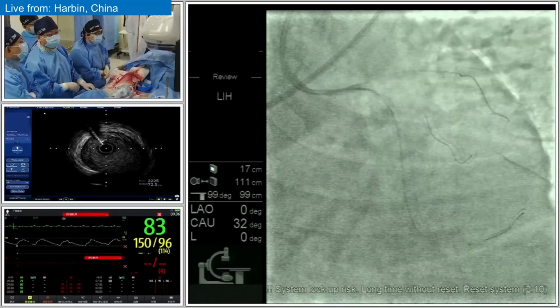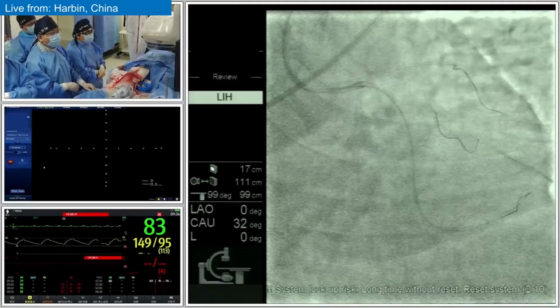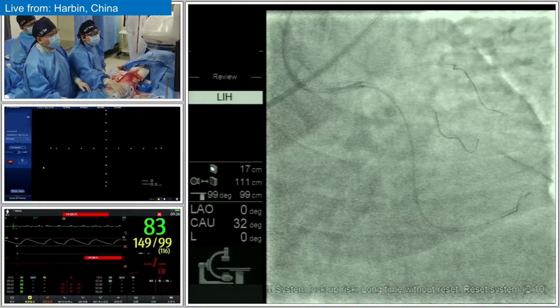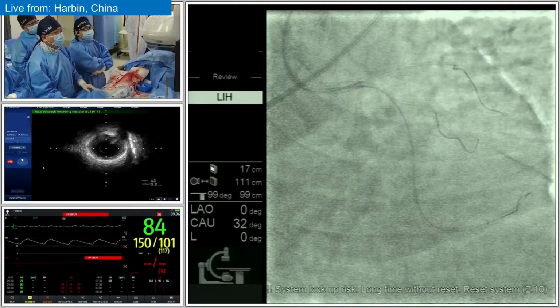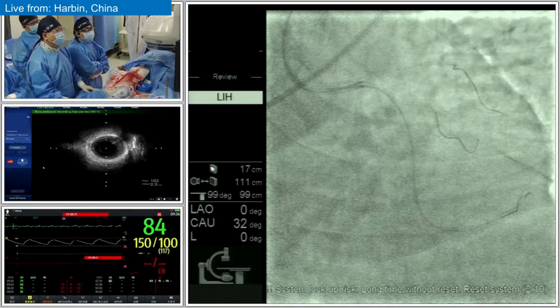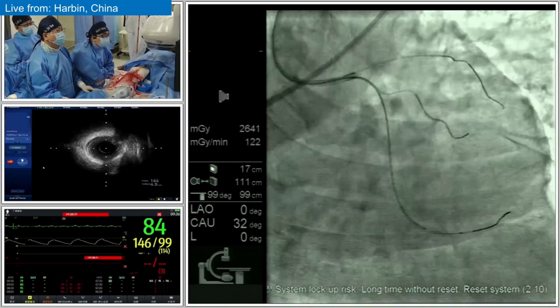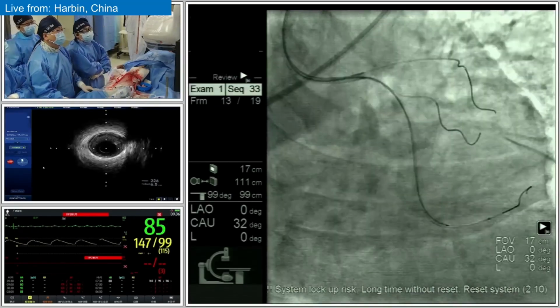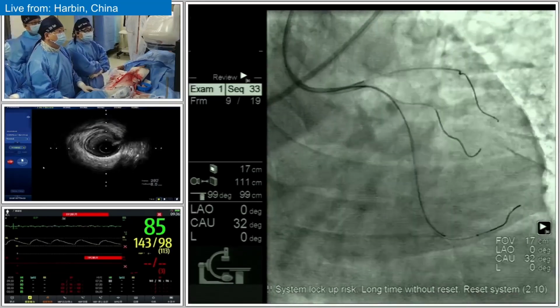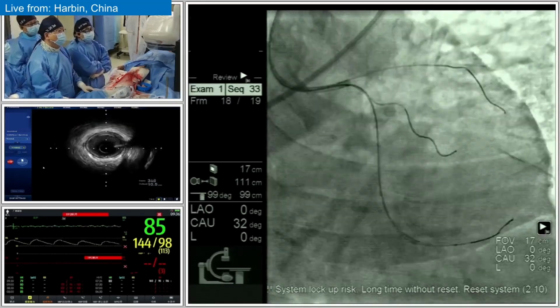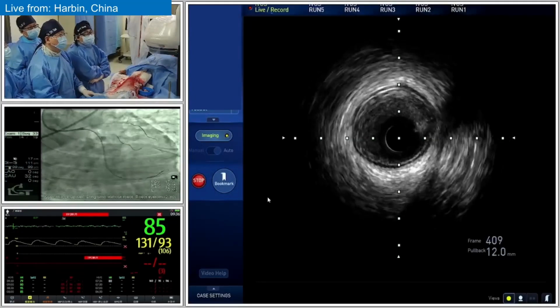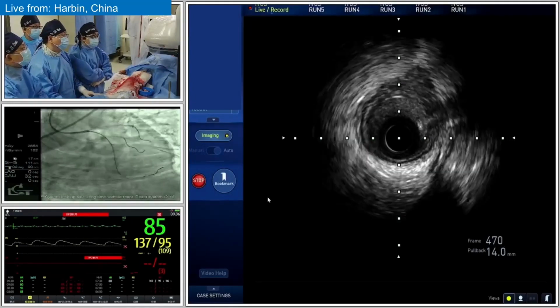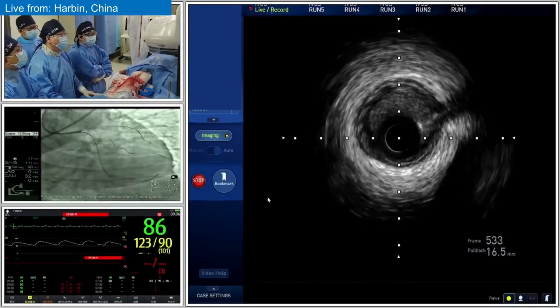So the IVUS image will be performed again. Okay, it's maybe a good location. Very good. Yeah, it looks fine.